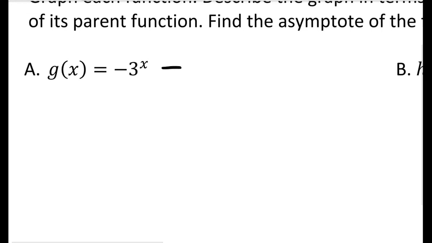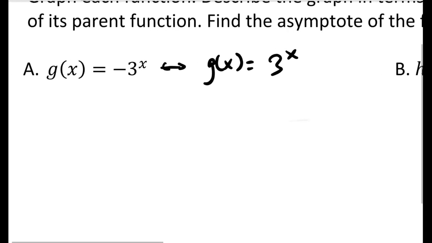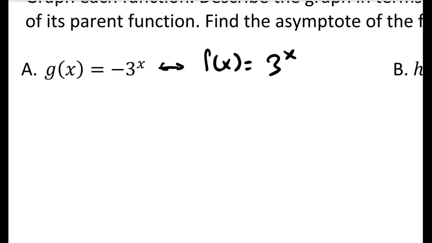So the parent function for this is 3 to the x. We'll just call this f of x. How do we know it's 3 to the x?